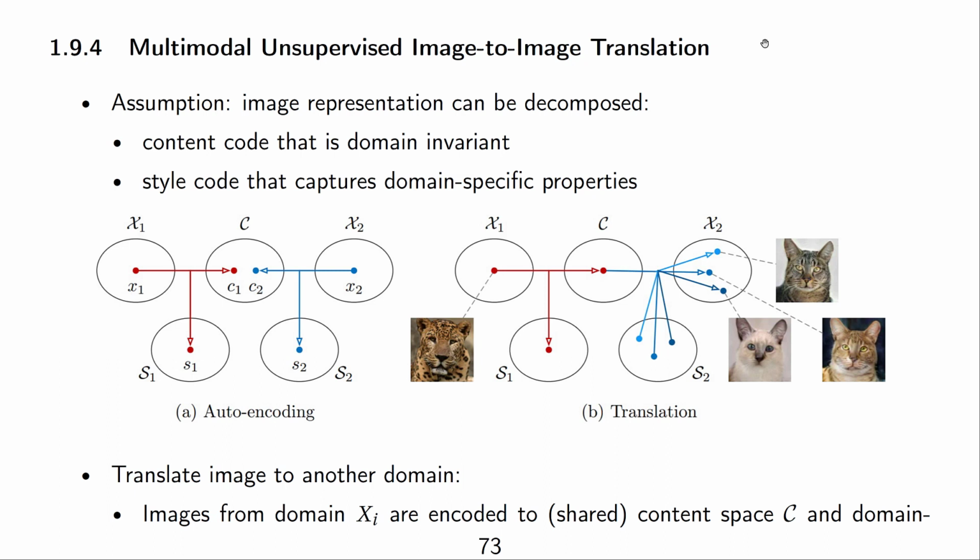So what we would like to do next is have a generative adversarial network that can take one input and translate it into multiple other outputs based on some random vector.